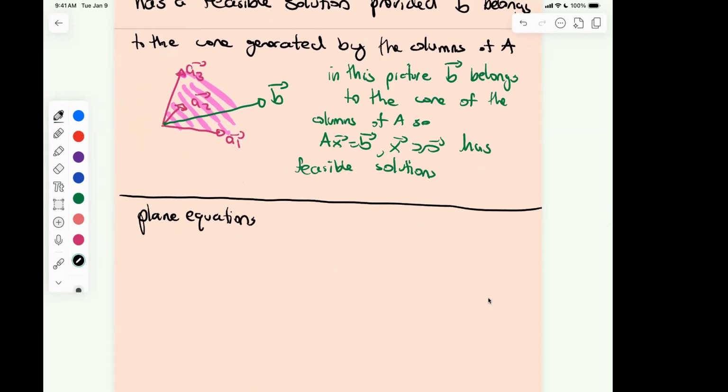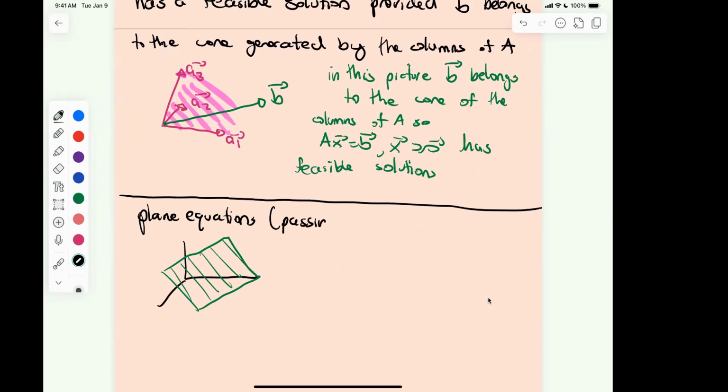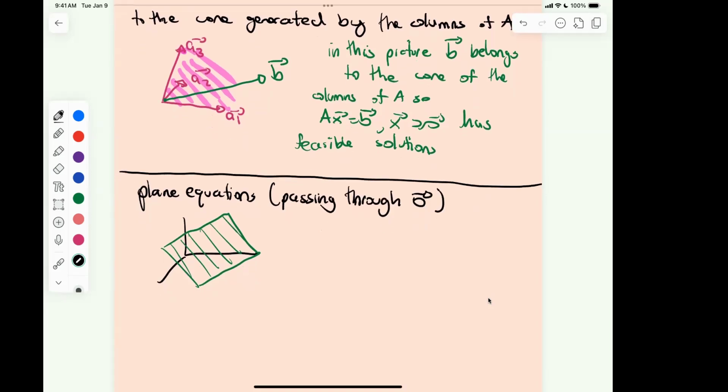I'll start in 3 dimensions, but hopefully you remember that if you have a plane like this, passing through the origin, the typical way to write it, if you took calc 3, would be something like 2x minus 3y plus 4z equals 0.